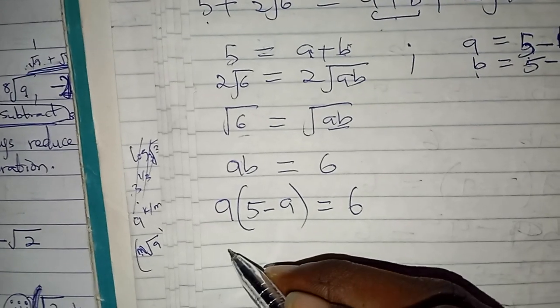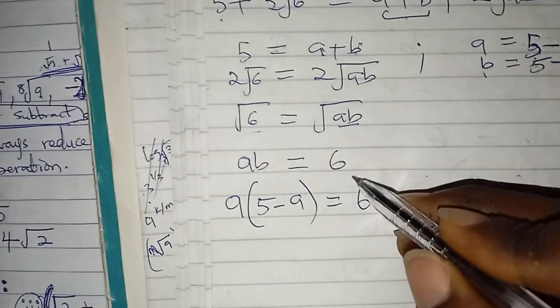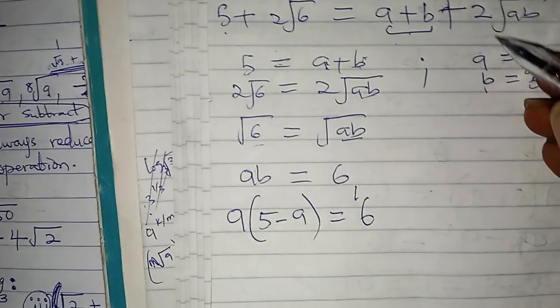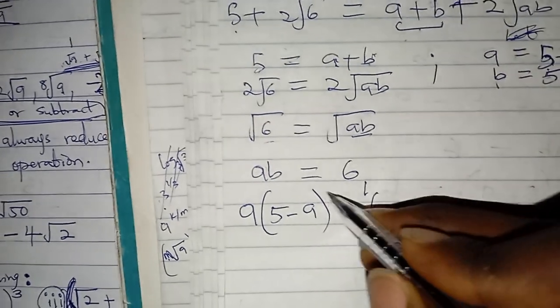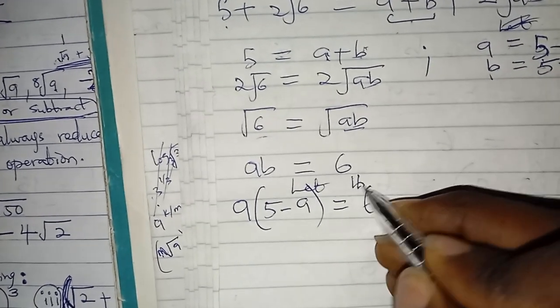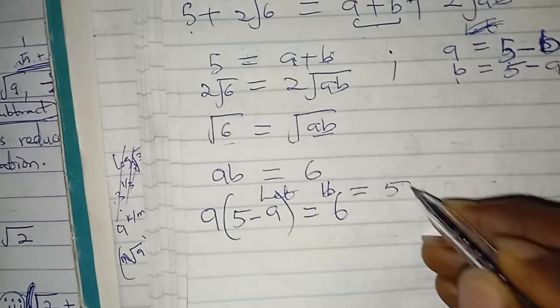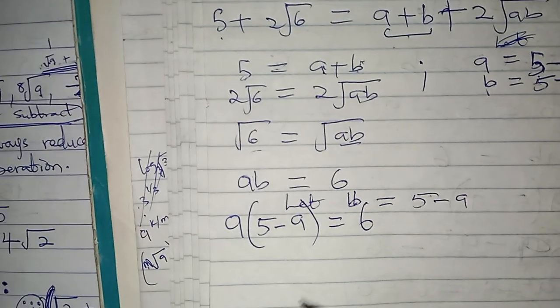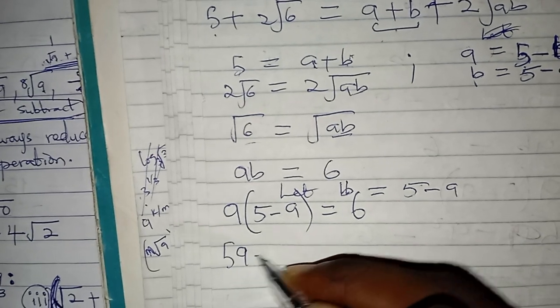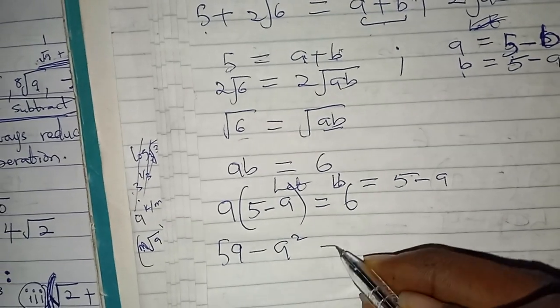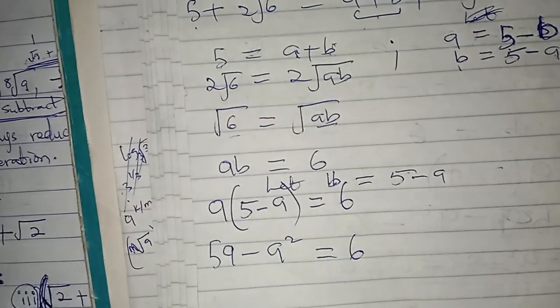So notice that it's more like saying let b be equals to 5 minus a. So we now have 5a minus a squared equals to 6.